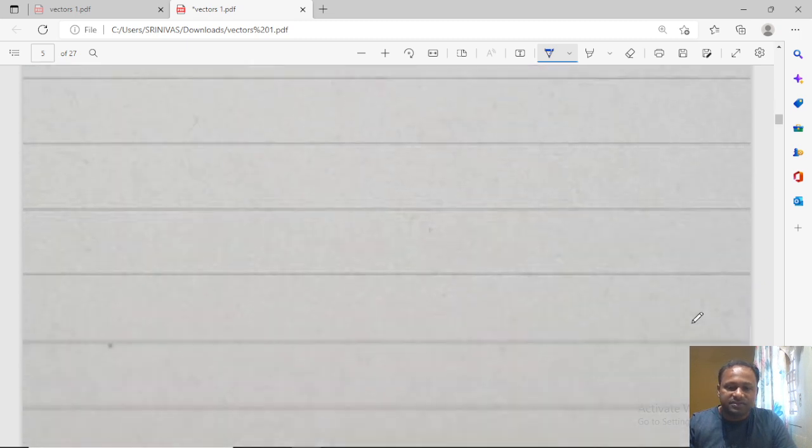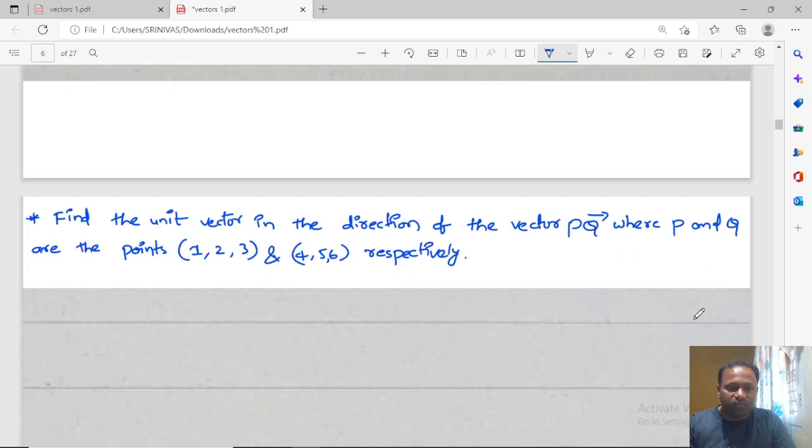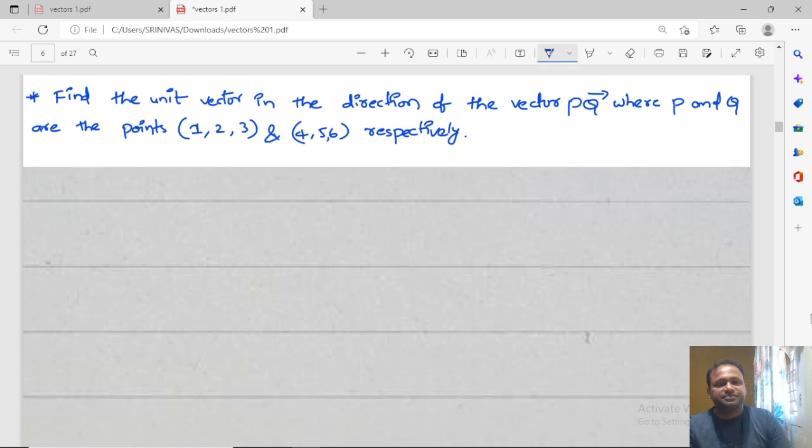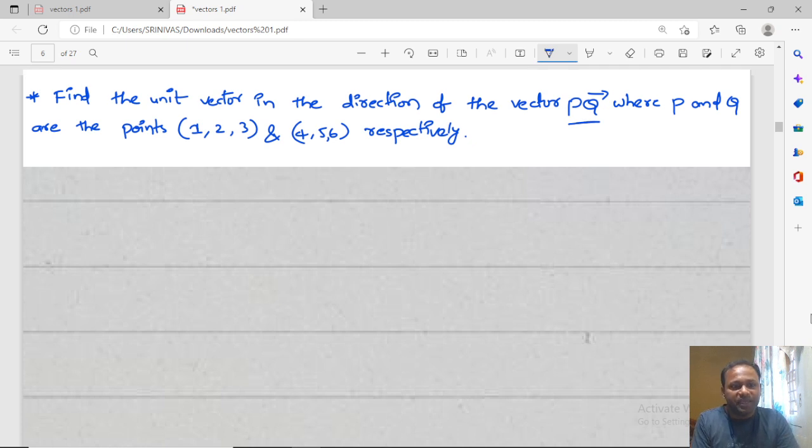After that, I will move on to one more problem. See this question. Find the unit vector in the direction of the vector PQ bar. PQ bar means, in the question given P is 1, 2, 3 and Q is 4, 5, 6. Then what about PQ bar?